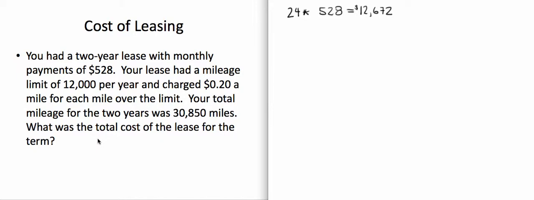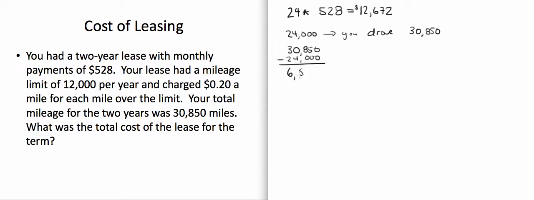You're charged 20 cents a mile for each mile over the limit. You get 24,000 miles for the 2 years. You drove 30,850, so that's over. We subtract 30,850 minus 24,000, and what we get is 6,850 miles.